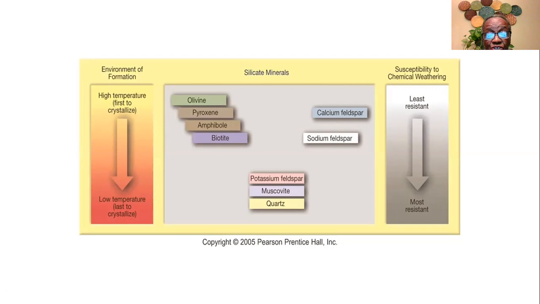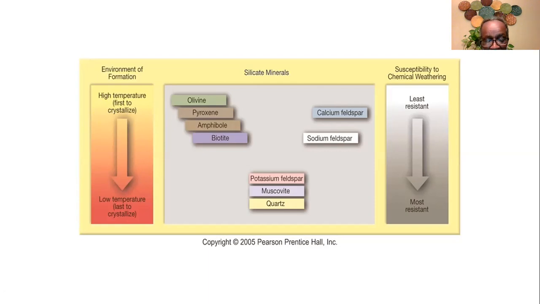Well, those of us who decided to put the ice cream on our desk put our ice cream in an environment that was least favorable for it, and therefore it's going to melt in a hurry. But those of us who decided that we were going to put our ice cream in the freezer, we had it in a stable environment for it, and so it wasn't going to melt as much.